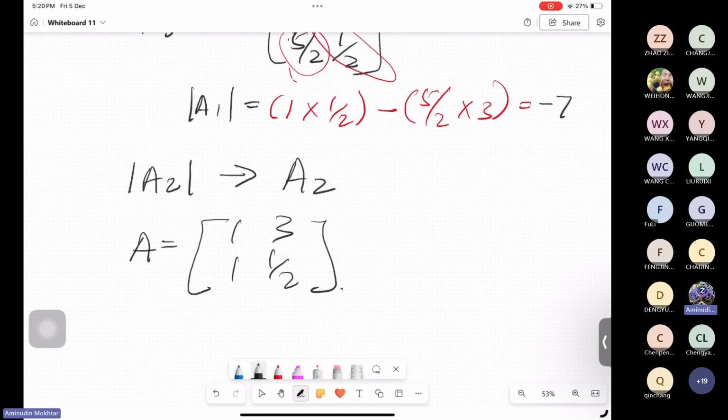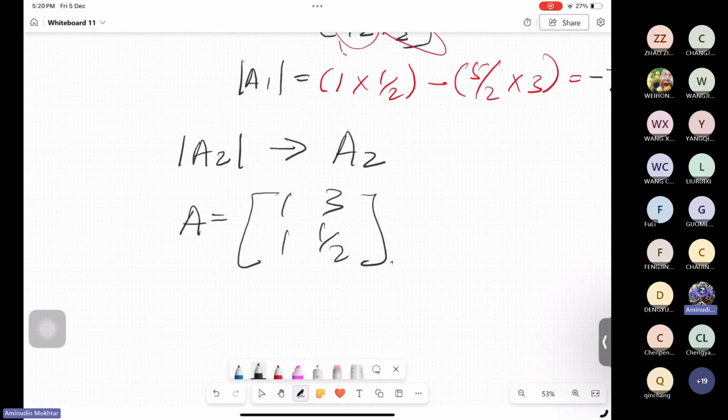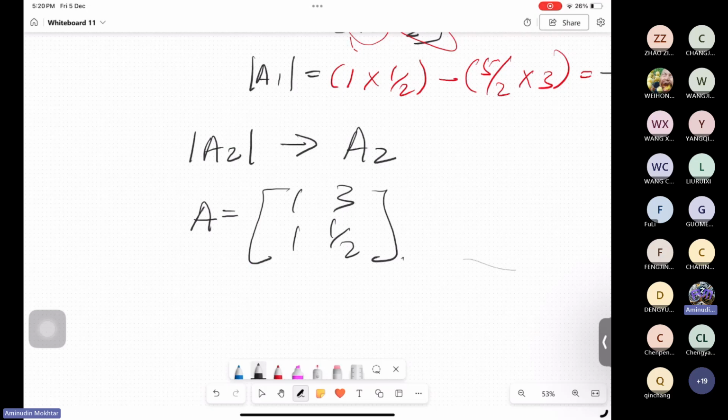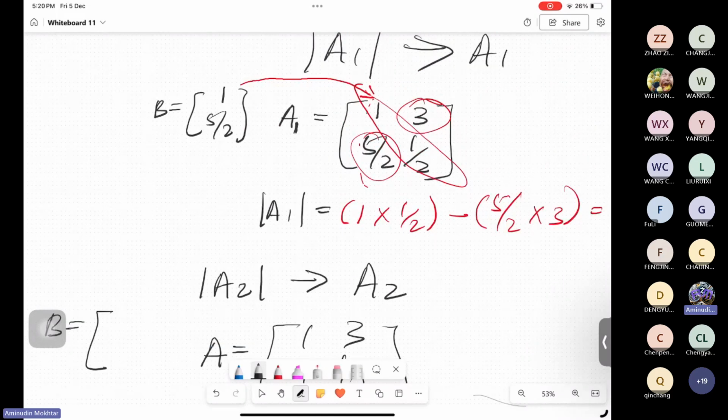That is matrix A. Now we want to transform from A to A2. Again, we need matrix B. What is B? Again, B is 1 and 5 over 2.